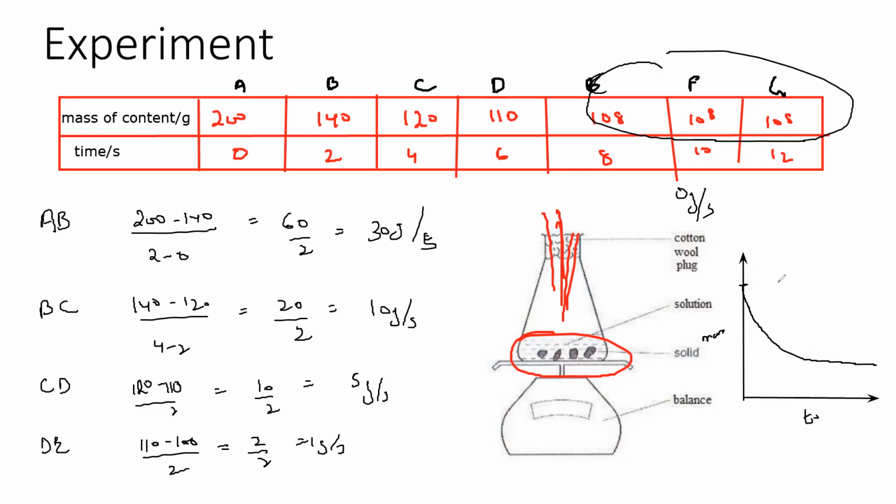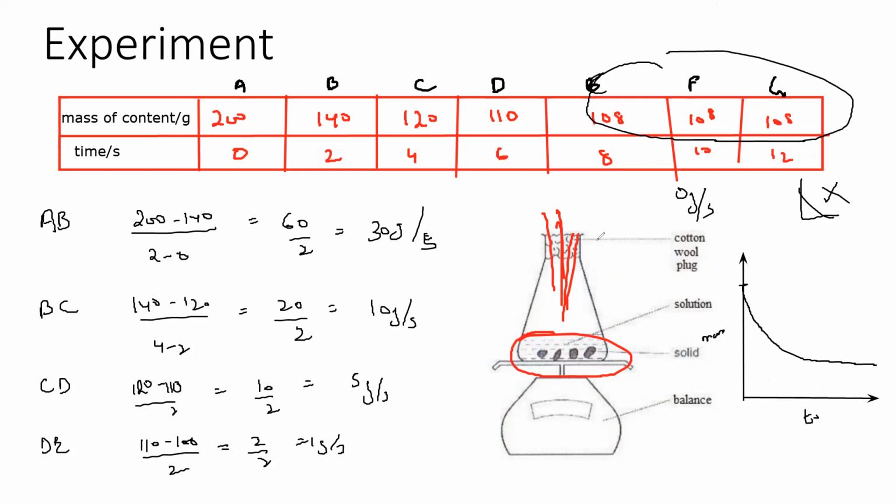So this will be the shape of the graph. Why did I not intersect the x-axis? As you can see, when the gas escapes, some of the content is still in the flask, so it will have mass. That's why the total mass cannot be zero. Even the container, the conical flask, has its own mass.